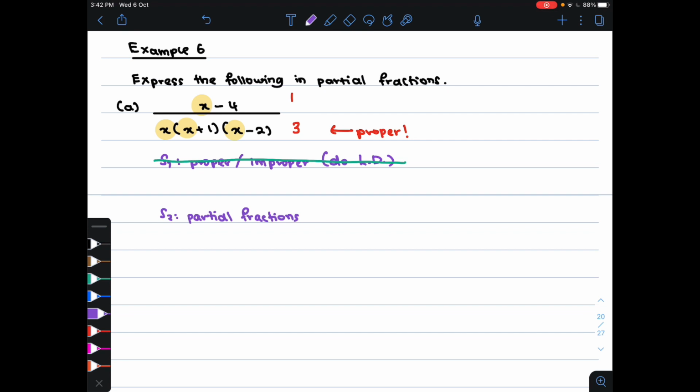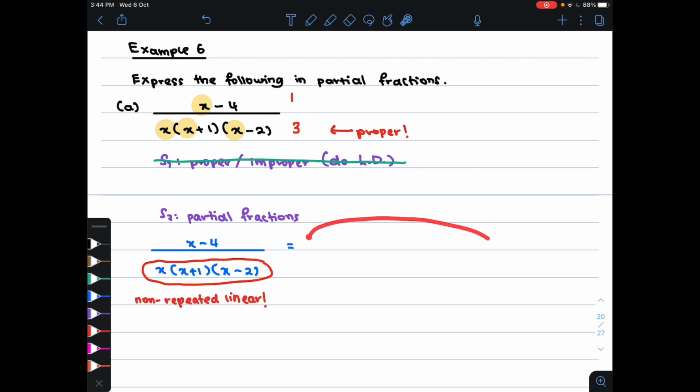Step 2 is your partial fractions. Factorize the denominator completely. This one has already been factorized, so we just need to determine what kind of factors we have. We have x, x plus 1, and x minus 2. All of them are linear factors and they are not the same, so they are non-repeated linear factors.